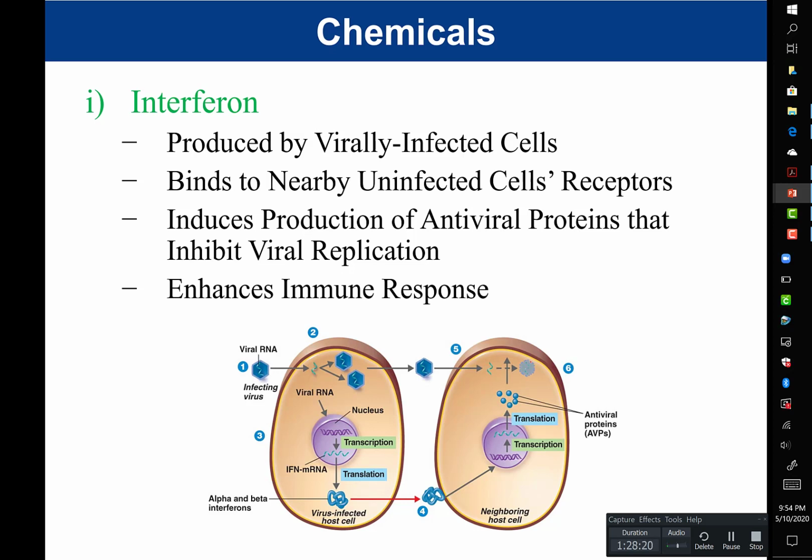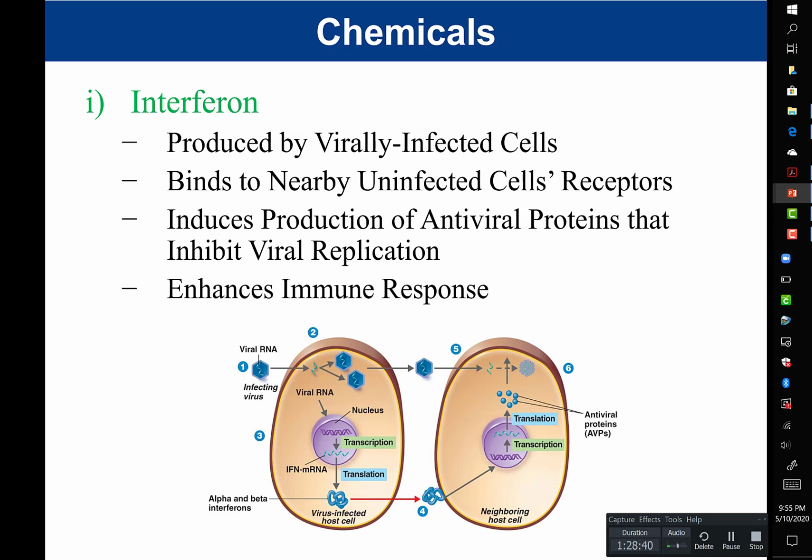And so these interferons are used to enhance an immune response. It's produced by an already virally infected cell. It signals to neighboring cells to tell them, hey, a virus is present. Start making antiviral proteins.